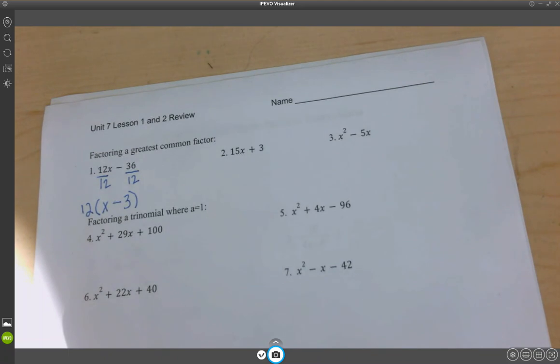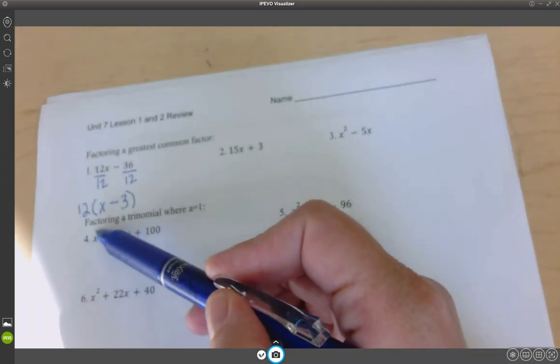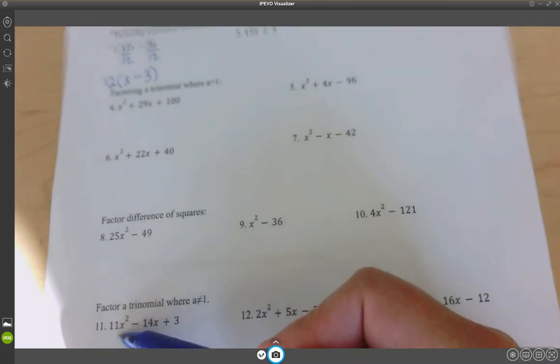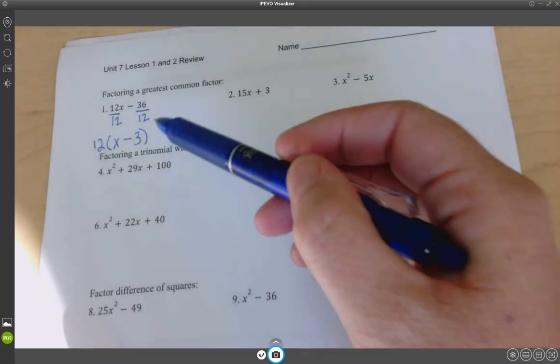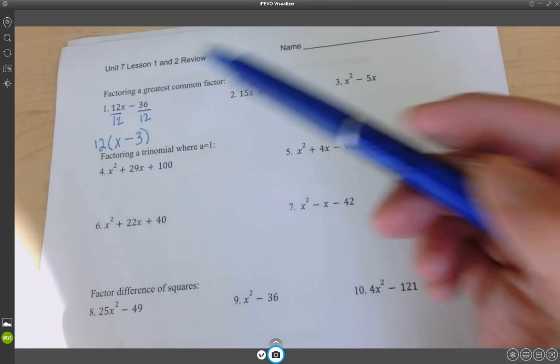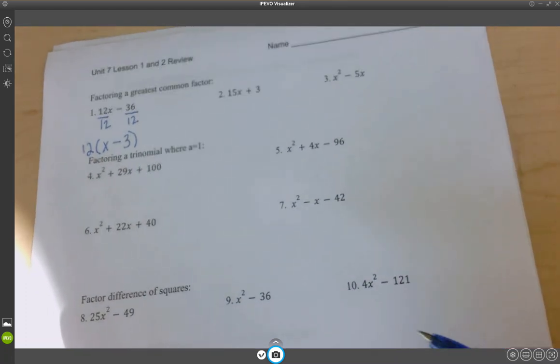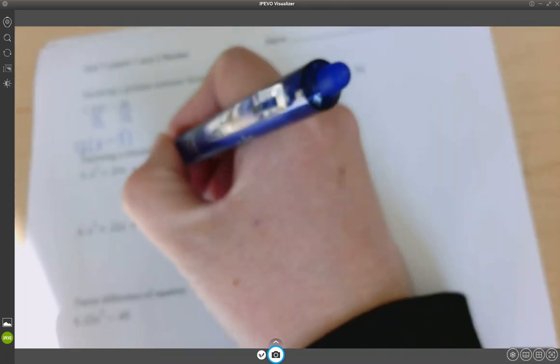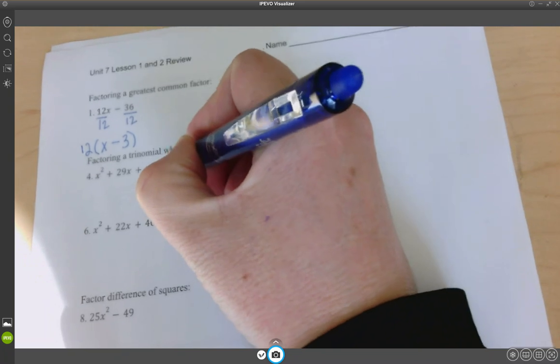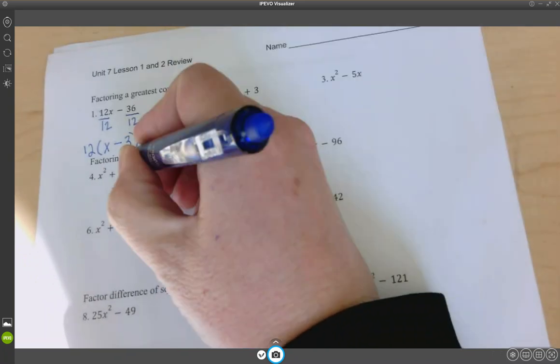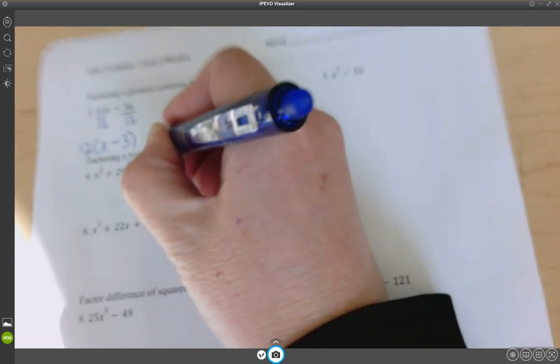The second group of problems is factoring a trinomial where a equals 1. That means it's 1x squared instead of like 11x squared. The trinomial means it has 3 terms. So we're going to factor these by finding the numbers that multiply to c and add to b.